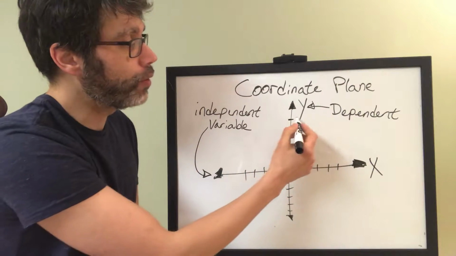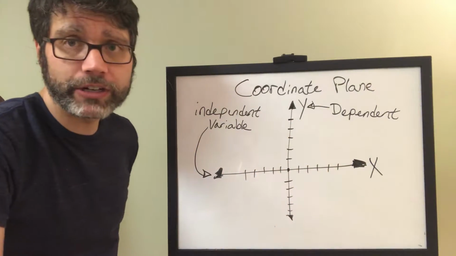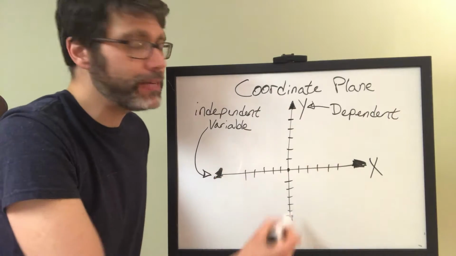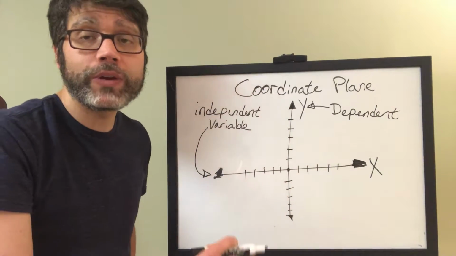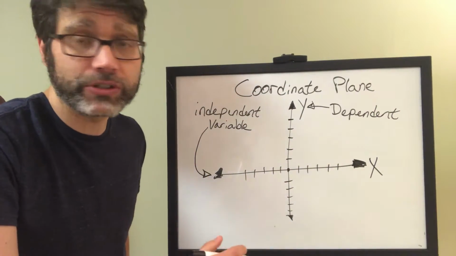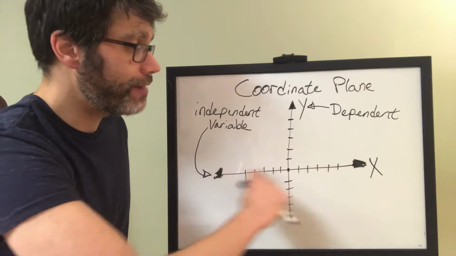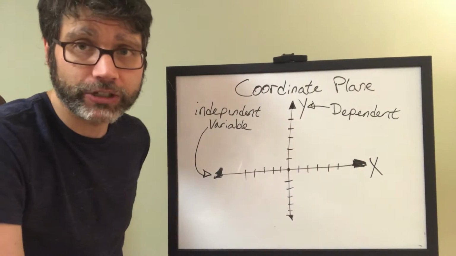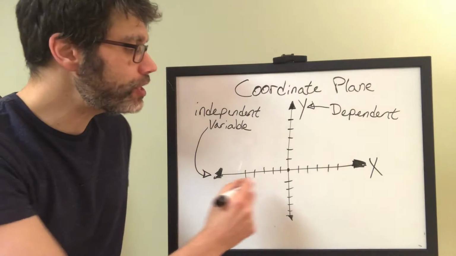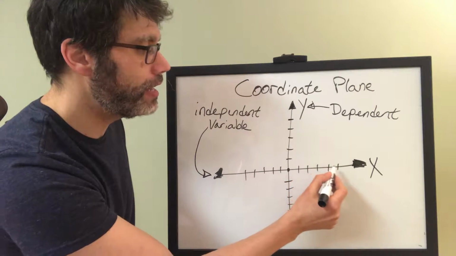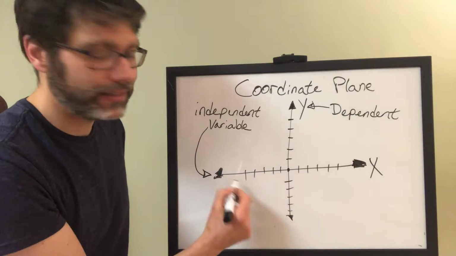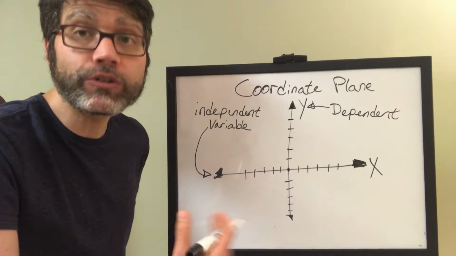We could also call it our y-axis if we're using y as a variable. And we can also call it the dependent axis. So we could use any of those terms to talk about what we have going on in this cross formation.